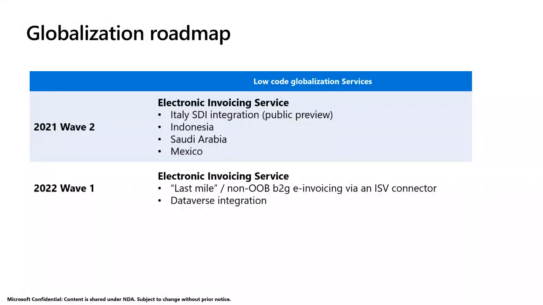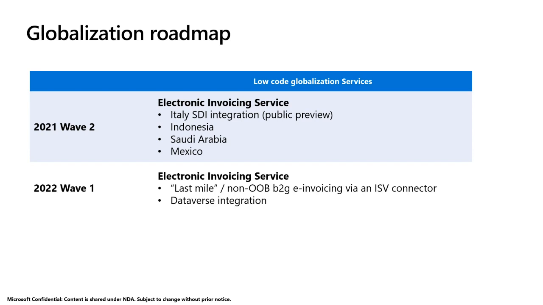So just moving forward for the final part of the session. So this is our roadmap, what we have ahead. So for 2021 wave 2 this year, we have planned for the electronic invoicing service the Italian SDI integration, which is going to be public preview.